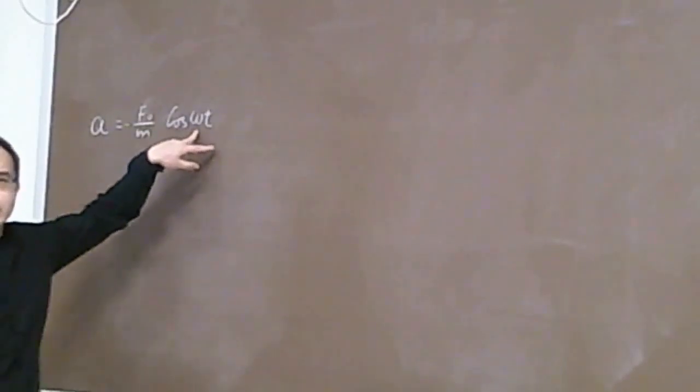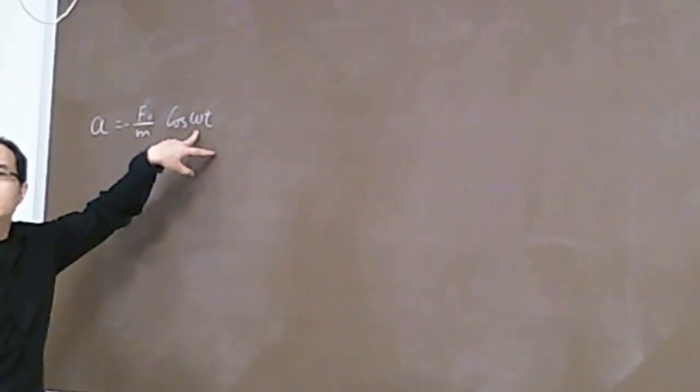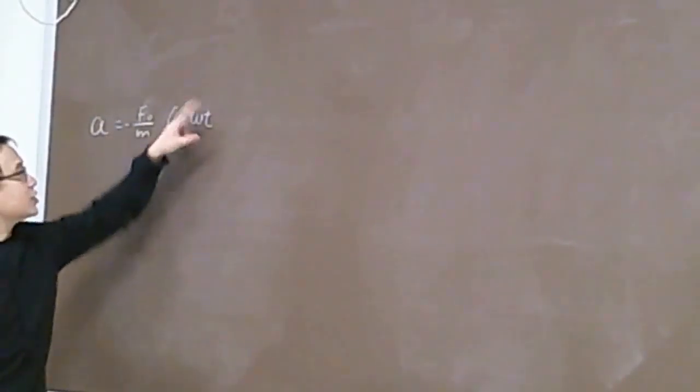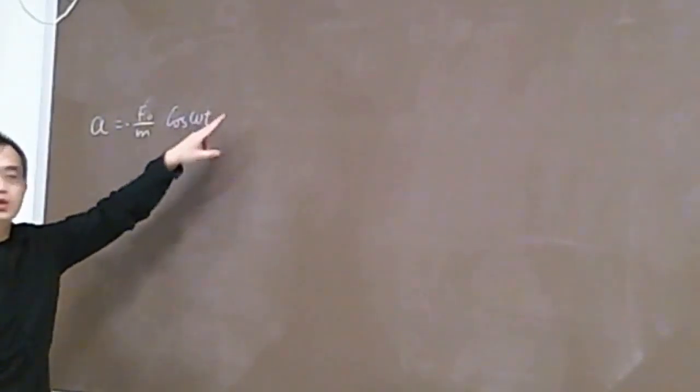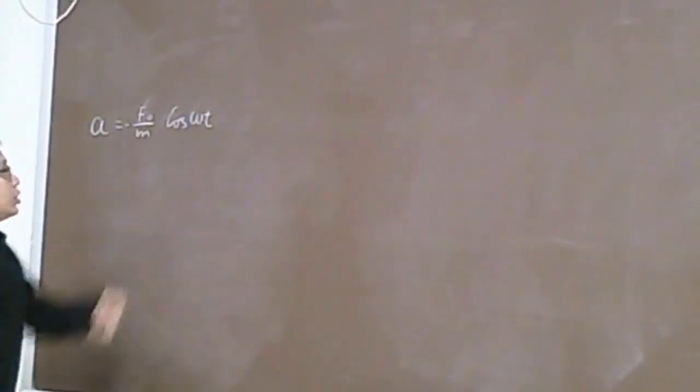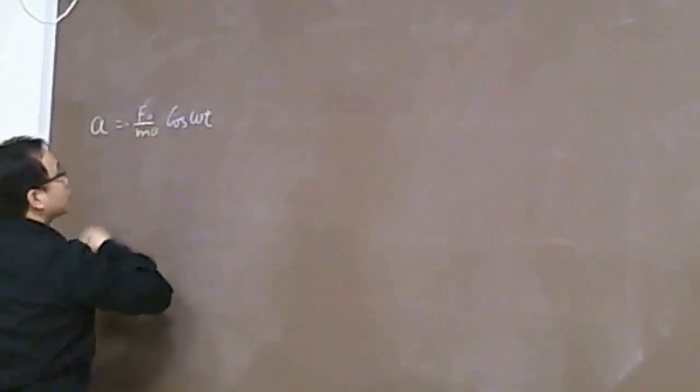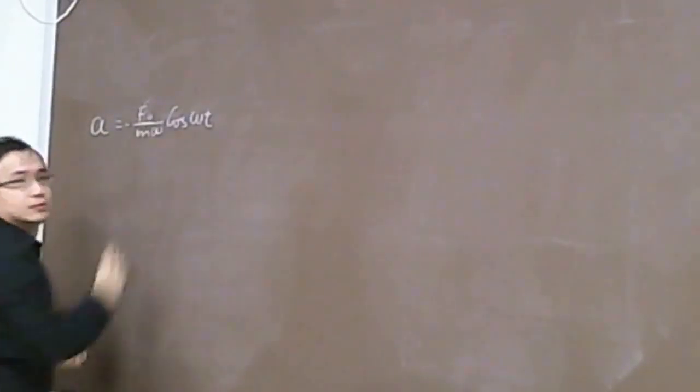But you are integrating with dt, and the argument is omega t, so you need to get one over omega here, right? That's the integration. If you are not sure, you can take the derivative back to check it. If you take the derivative back, you will get the original.